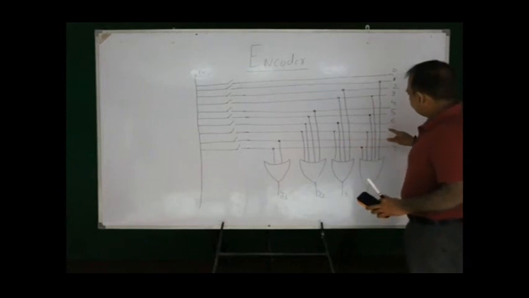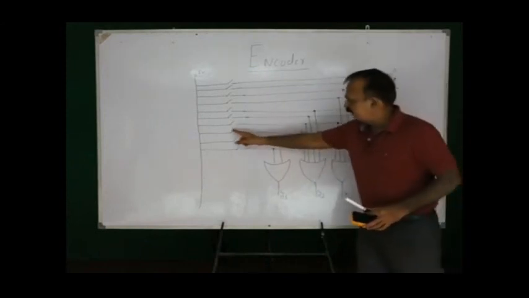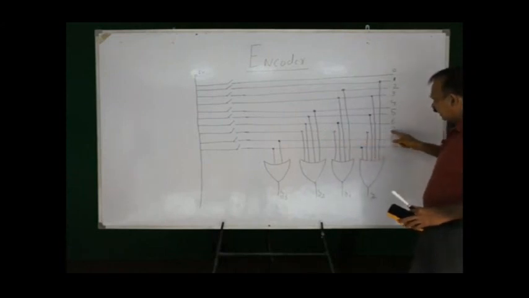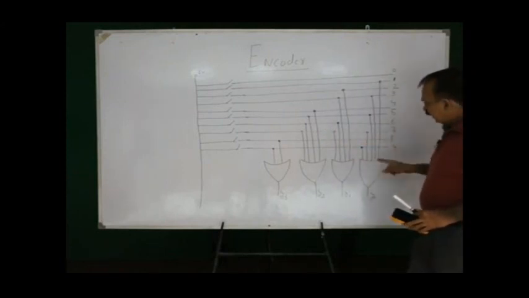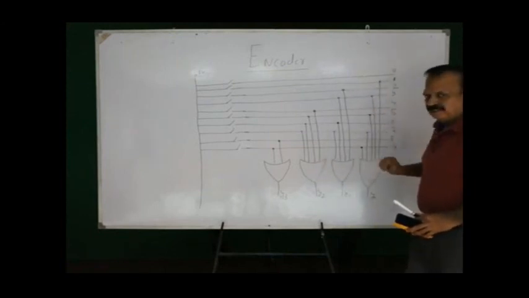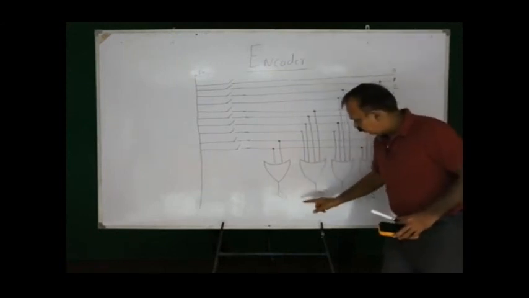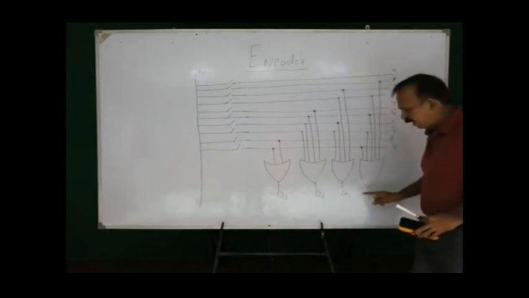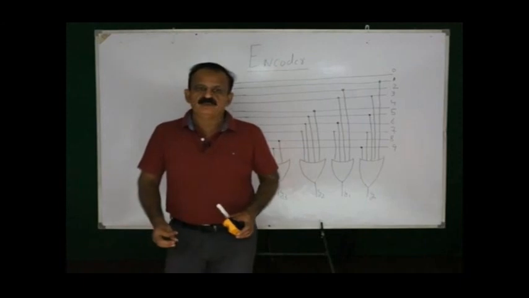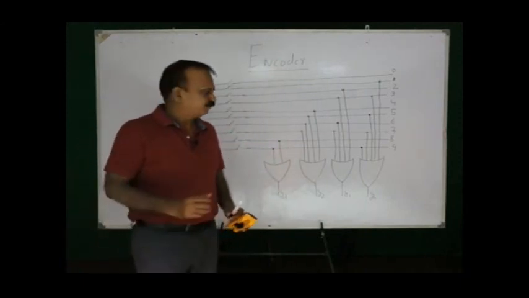If I press the key for 7, there will be current in this wire that is representing 7, and it is connected to the 3 rightmost OR gates. The output is 0 1 1 1 and that is nothing but the binary equivalent of decimal number 7.